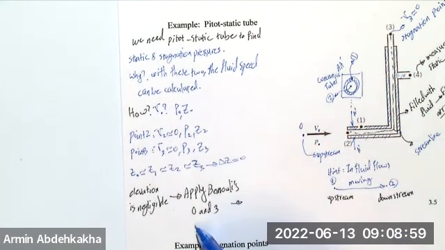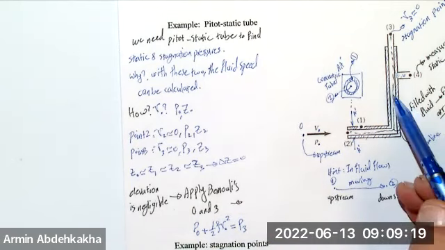So P at point 0 plus 1/2 rho V squared is equal to P3. We cancel out the Z's, and also V at 3 is 0.